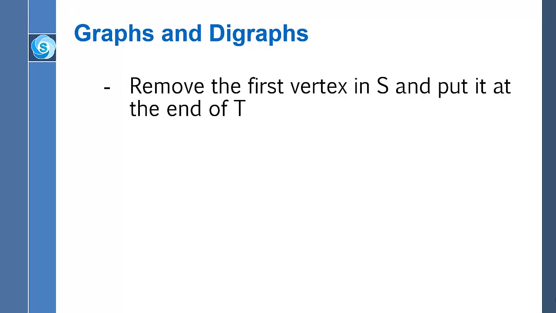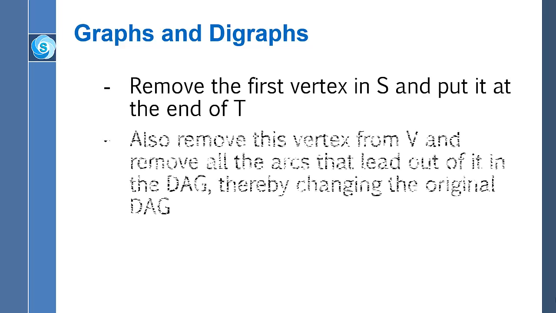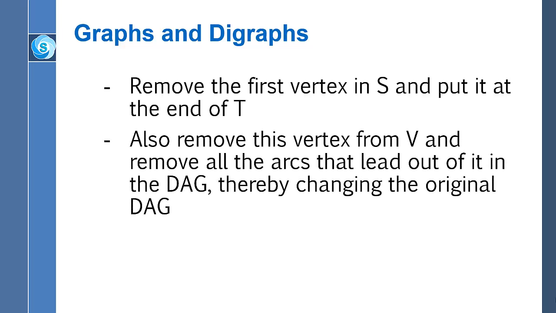And here's what happens inside this inner loop. Okay? The first vertex in the list S is removed from S, and it's put into the list T. So it's transferred from the list S to the list T. Okay, now here's a subtle thing.